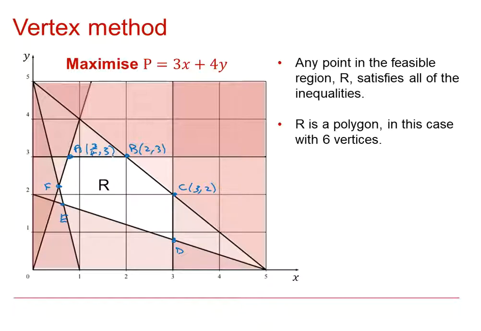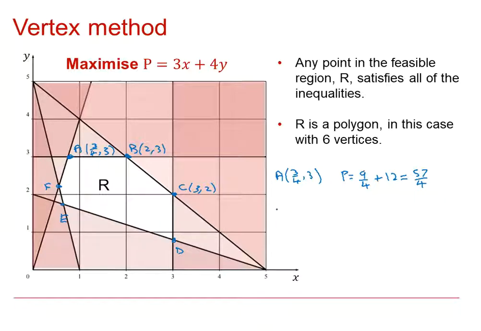So we're looking at a maximizing problem, so I'm going to focus on A, B, C. The maximum value of P is going to be one of these high vertices. First, A, which is the point (3/4, 3), and I'm now going to calculate P. P is 3 times the x coordinate, so that's 9/4, plus 4 times the y coordinate, which is 12, which gives me 57/4.